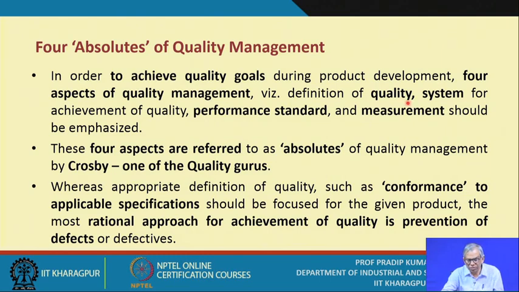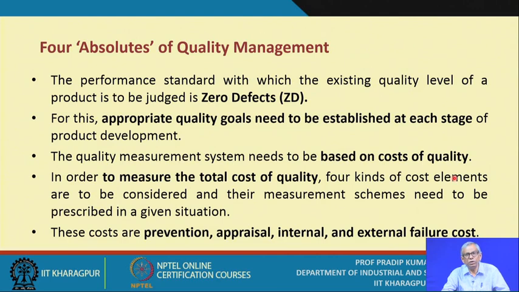An appropriate definition of quality, such as conformance to applicable specifications or standards, should be focused on for the given product. The most rational approach for achievement of quality is prevention of defects or defectives. That means what we have been emphasizing all the time: instead of having a detection based quality control, why don't you adopt a prevention based quality control?